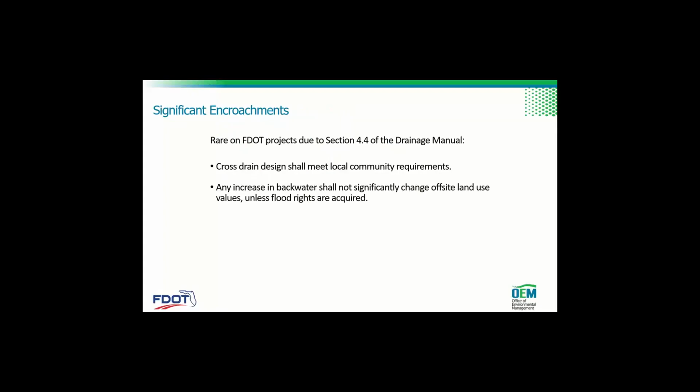Significant encroachment is rare on DOT projects due to Section 4.4 of the Drainage Manual, because we are required to meet local community requirements on cross drain design, and any increase in backwater shall not significantly change offsite land use values unless flood rights are required.